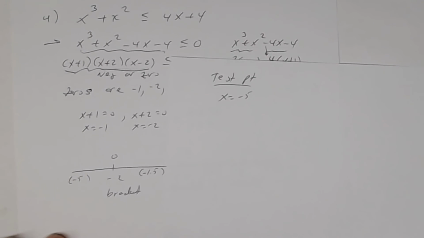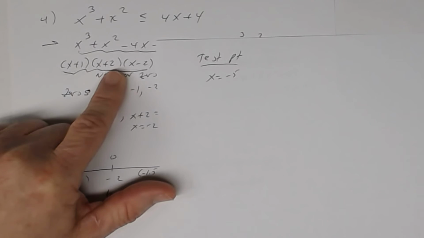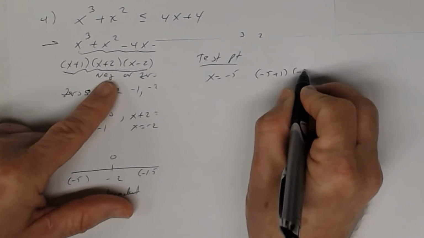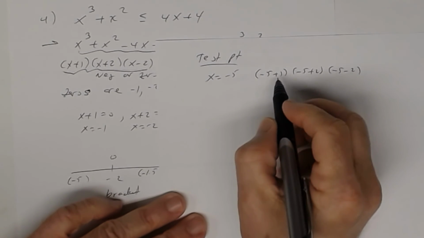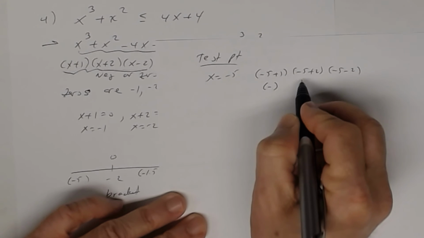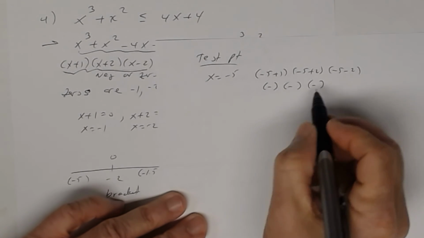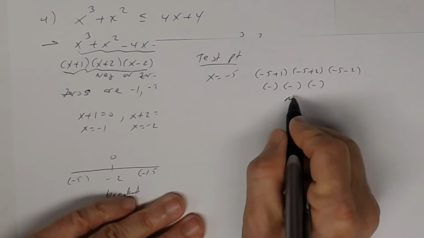So when x is -5, let's just go back to the completely factored part here. So when x is -5, we get -5 plus 1 times -5 plus 2 times -5 minus 2. -5 plus 1 is negative. -5 plus 2 is negative. -5 minus 2 is negative. So a negative times a negative is a positive times a negative is a negative.